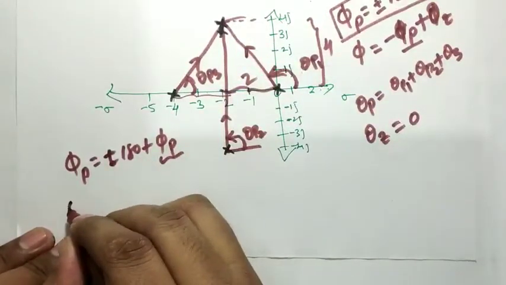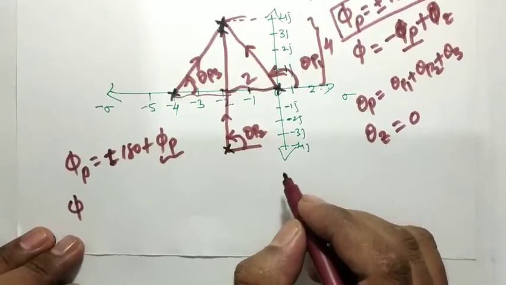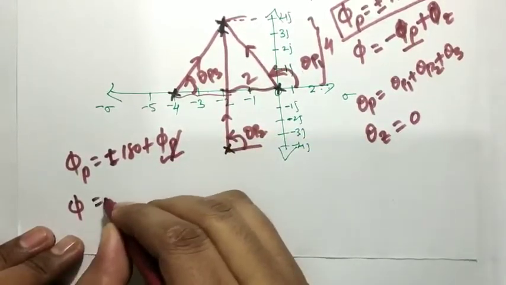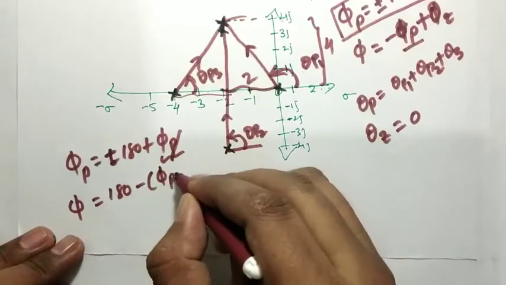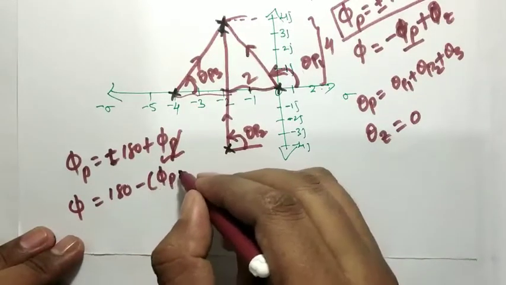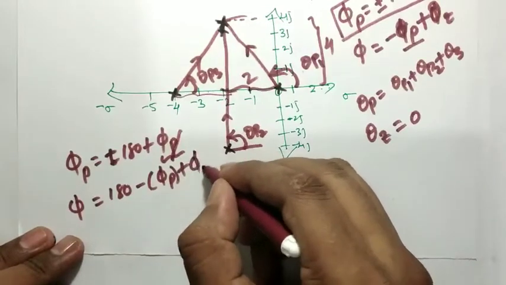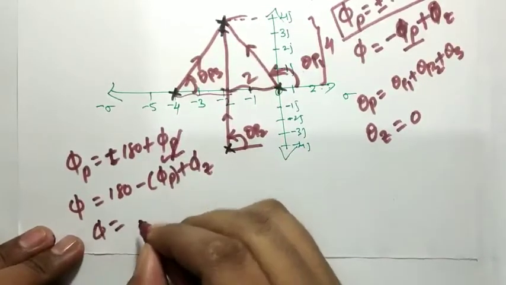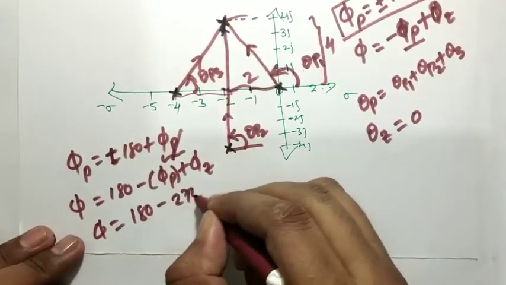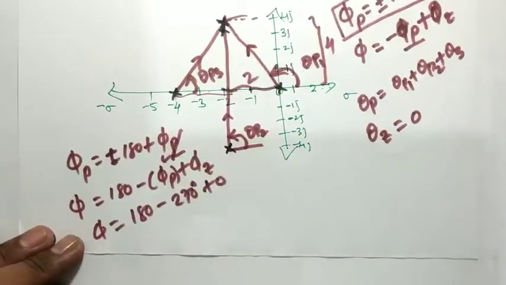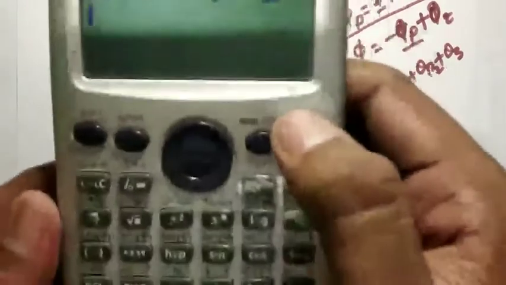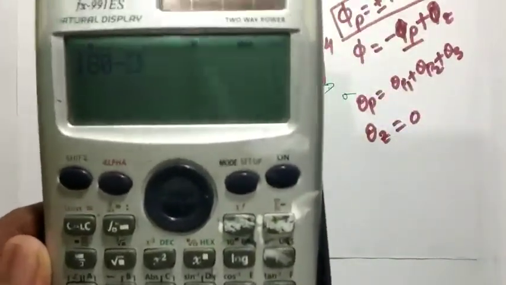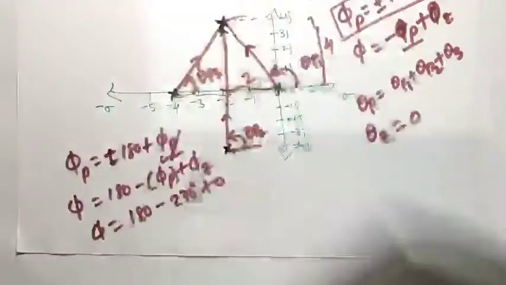So it is 180 minus 270 degrees, where the zero contribution is 0. How much did you get? 180 minus 270 is minus 90.